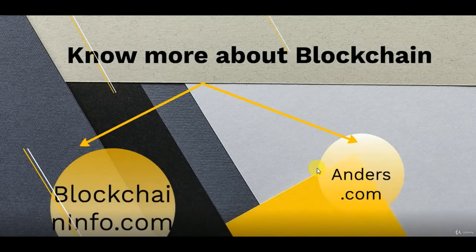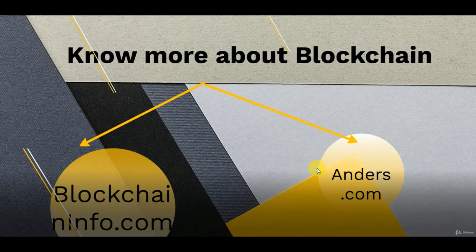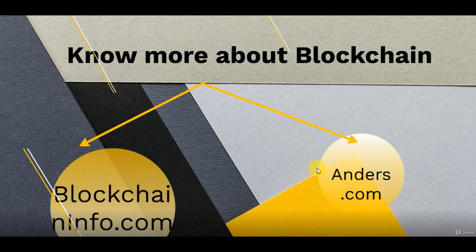Now in this video, we are going to see two blockchain websites. The reason for discussing these websites here is that we will get a better understanding of how the blockchain works.